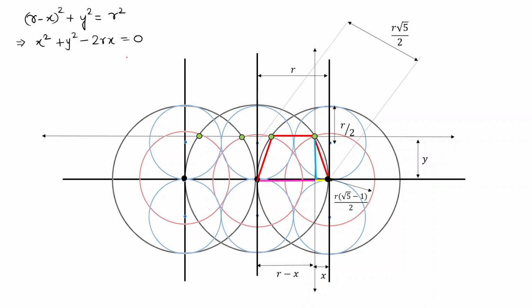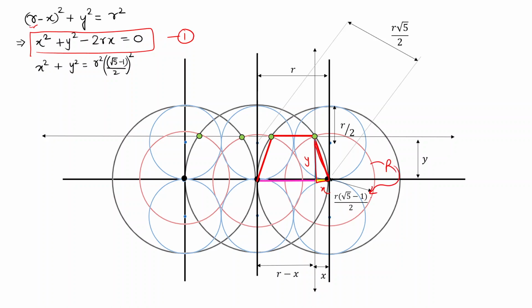You can simplify this equation a little bit. r squared will get cancelled out and you will get this equation number 1. Then you can take another triangle, this smaller triangle here. So you have x squared plus y squared, and this is the radius of the red circle, which is capital R, or this value here.